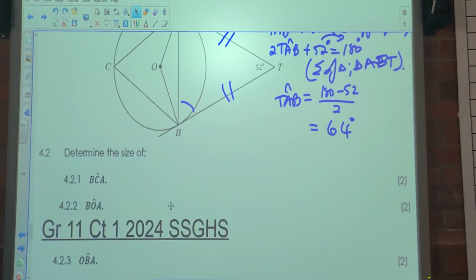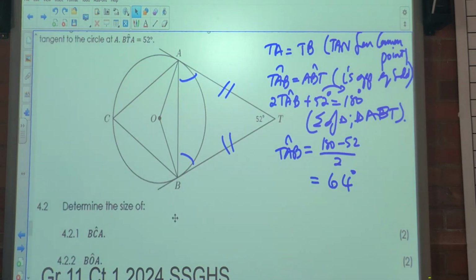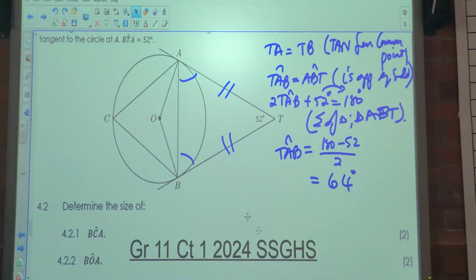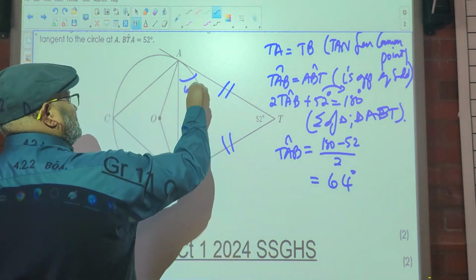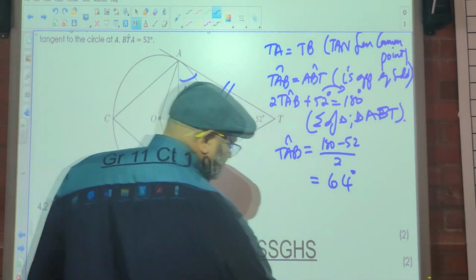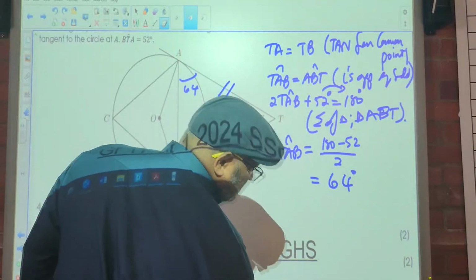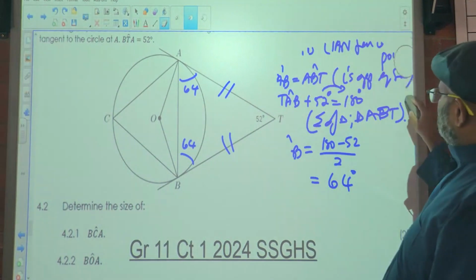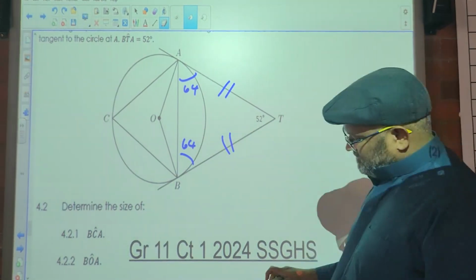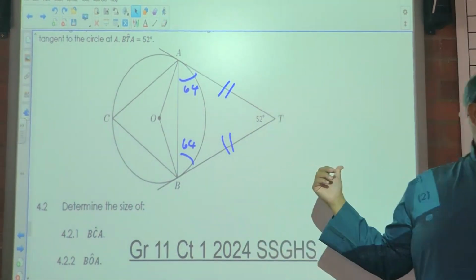Now the question says, so I got 64 here and 64. Let's pick up the pace a bit. How much time do we have left before the bell rings?